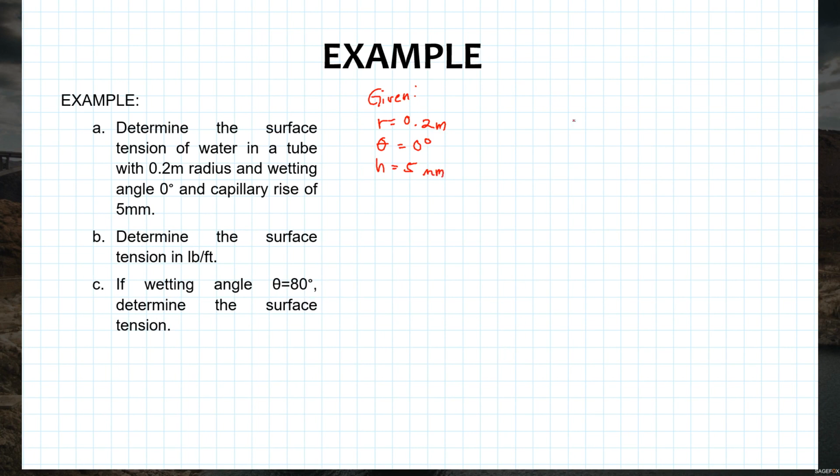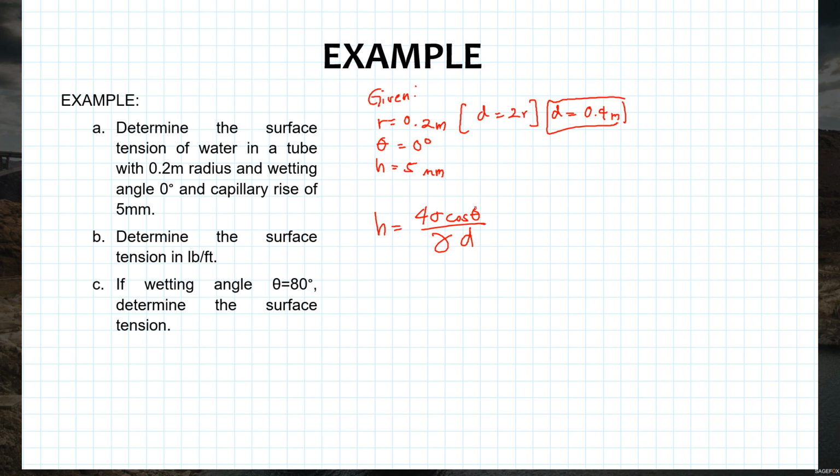The general formula is H equals 4 sigma cosine theta over gamma d. We have a given radius, so we have to find its equivalent diameter. Diameter is twice the radius, so 0.2 meters times 2 is 0.4 meters.